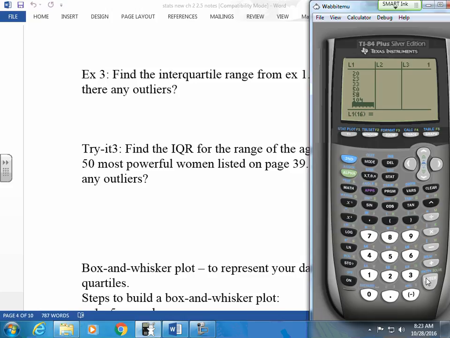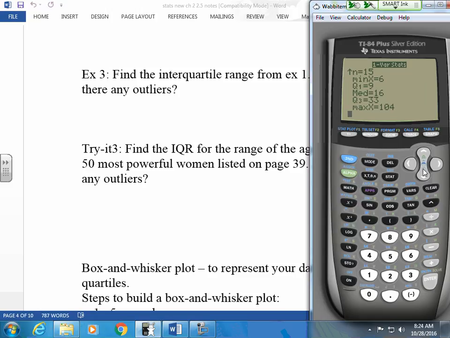Some pieces of data, hopefully. All right. Everybody got their data in? Do a one var stat. Remember, there's no frequency. Now, come down to your last 5 numbers.